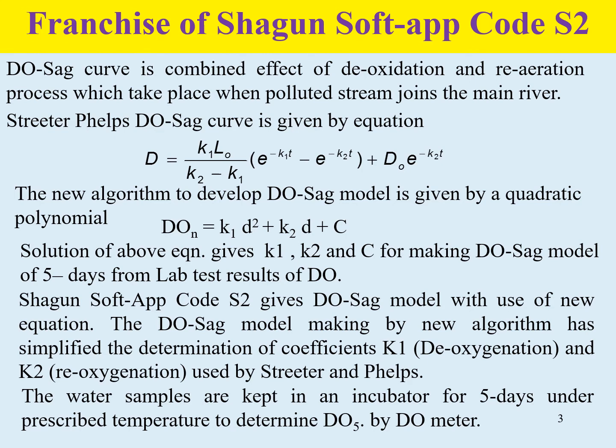The process of DO-SAG model making by Shagun Soft-App S2 is explained in the following steps. Number 1, use DO meter to determine DO values of the samples marked for DO first day to DO fifth day respectively. Number 2, develop DO-SAG model by Soft-App S2.